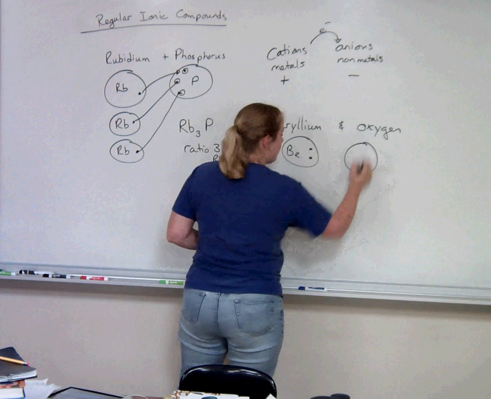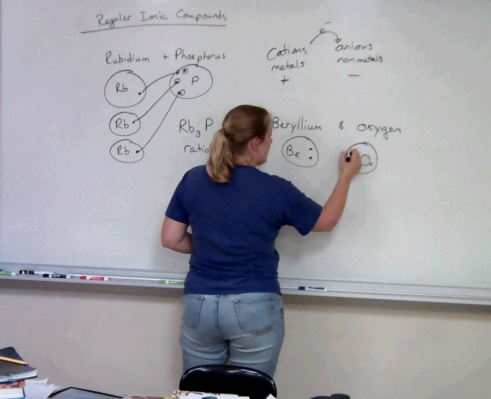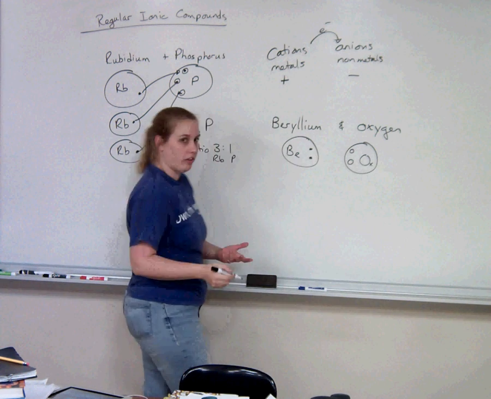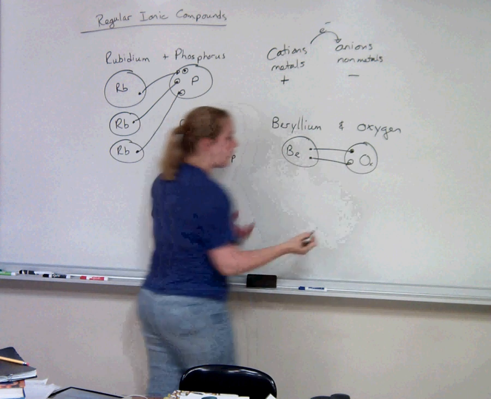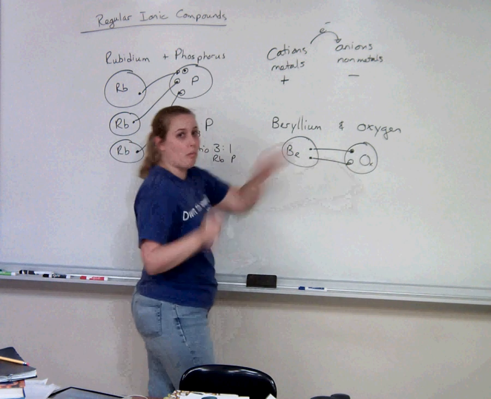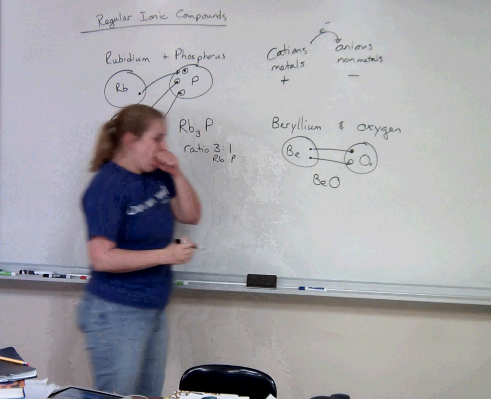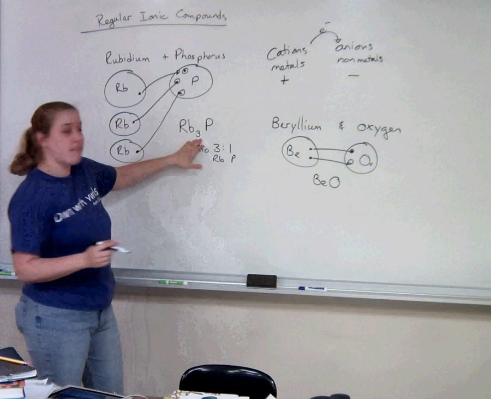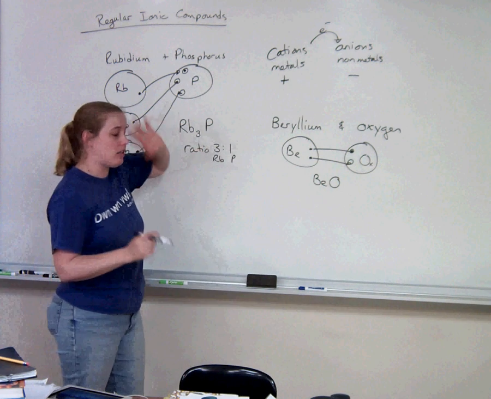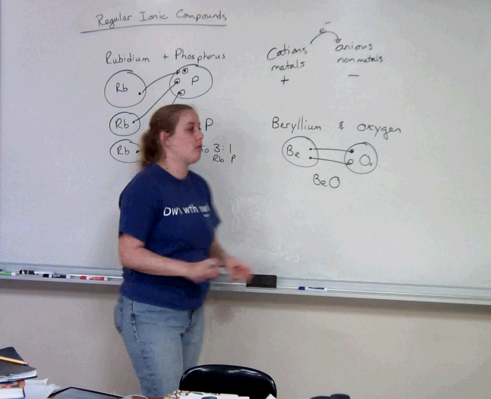Oxygen is in the -2 column, so it's got 2 holes that it wants to fill. So beryllium is going to give its 2 electrons. Oxygen's holes are filled, so beryllium and oxygen is a 1-to-1 ratio, like this. So you don't necessarily have to have a subscript there. Just like in math class, you don't have to write 1s. If you write a 1, it's not necessarily wrong, but you don't have to do it.